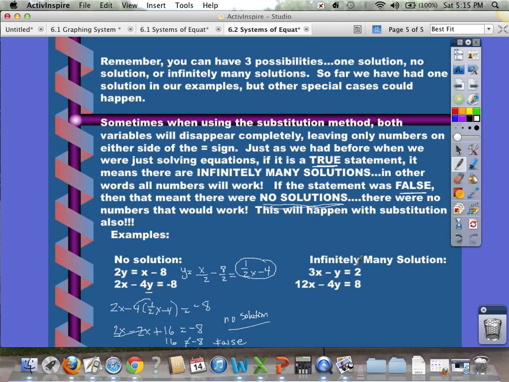All right, on this one, infinitely many solutions, this is what I'm going to do. I'm going to solve this top one for y. So now I'm going to move the 3x over by subtracting. So it ends up being negative y equals negative 3x plus 2.